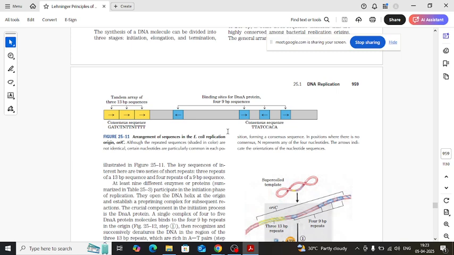So DNA replication will start at a specific replication origin sequence which is called OriC for bacteria or prokaryotes. It is composed of a tandem array of 313 base pair sequence.